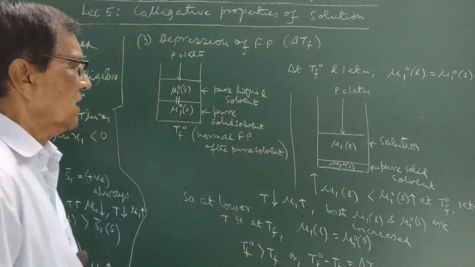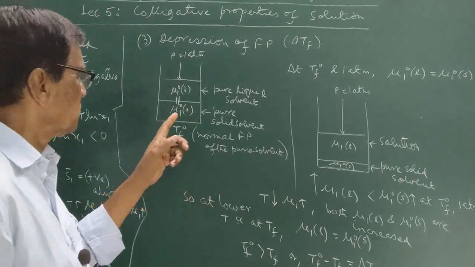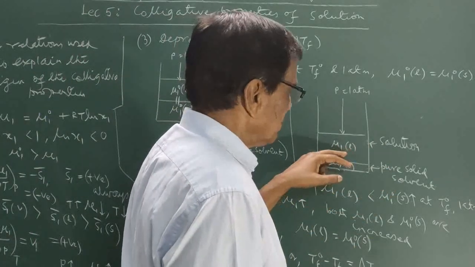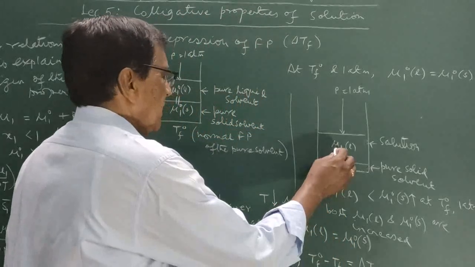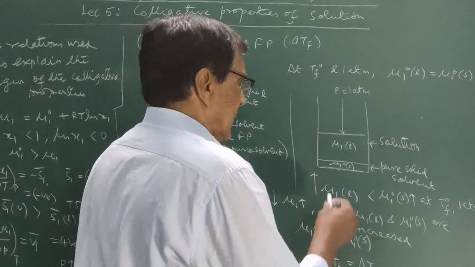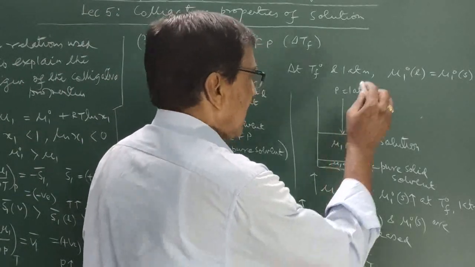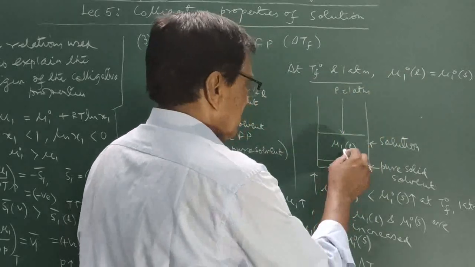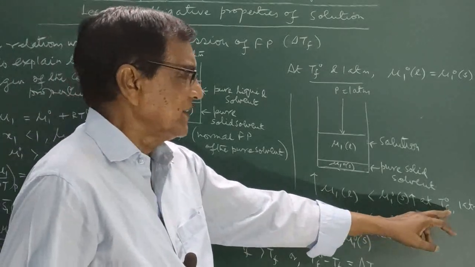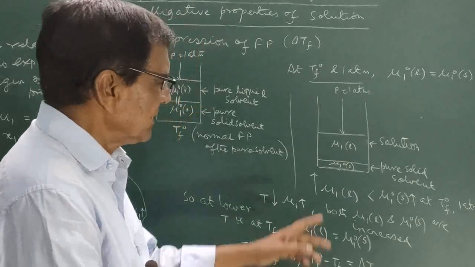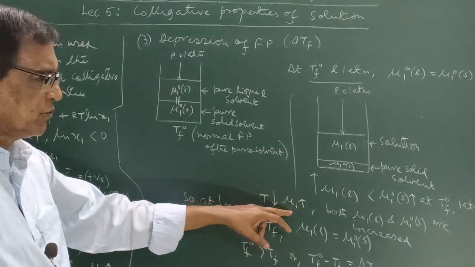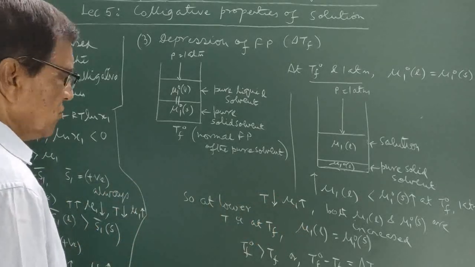But whenever the solute is added to this solvent, it becomes a mixture and the chemical potential is lowered. Mu1 L is lower than mu1 naught L, and at this temperature and pressure, these two are no longer equal at Tf naught and 1 atmosphere. Again, these two become equal at a lower temperature. Whenever the temperature is lowered, the chemical potential is increased, as we can see from these relations.